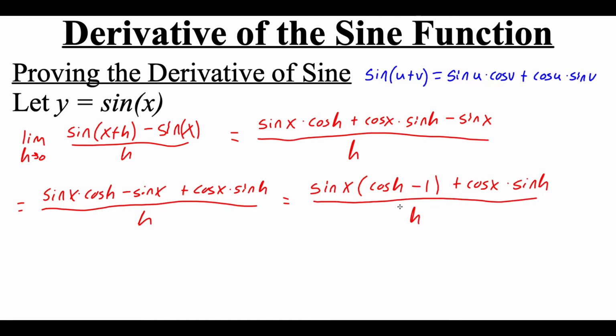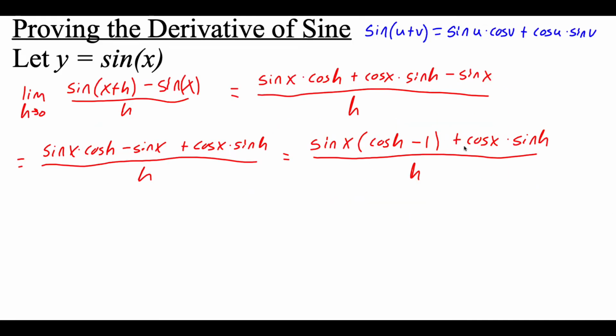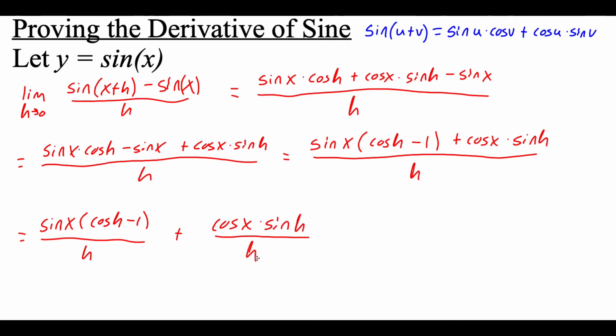Now I'm going to unadd those fractions. When I split this up, each piece from the numerator gets its own copy of the denominator. So this says the sine of x times the cosine of h minus 1 all over h, plus the cosine of x times the sine of h all over h.